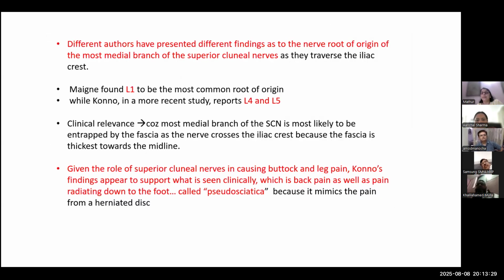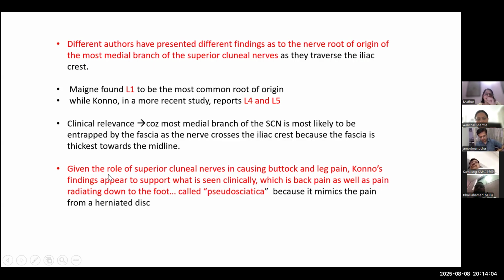So different authors have presented different findings as to the nerve root of origin of the most medial branch of the superior cluneal nerve as it traverses the iliac crest. Main found that L1 was the most common nerve root, but recently Kono found that L4 and L5 also contribute more. The clinical relevance of this is that the most medial branch of the superior cluneal nerve is most likely to be entrapped by the fascia as the nerve crosses the iliac crest, because the fascia is thickest towards the midline.